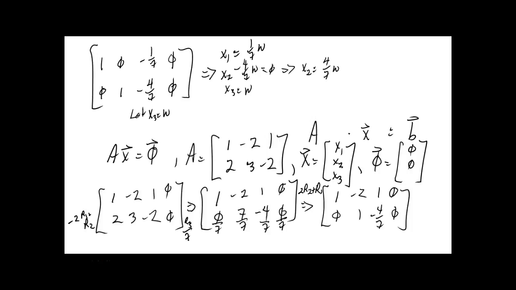Here was our original equation. That would be 1 minus 8 plus 7. 0, right? And then this would be 2 plus 12 minus 14.